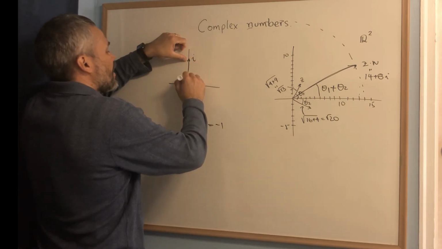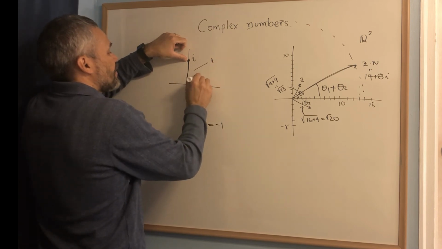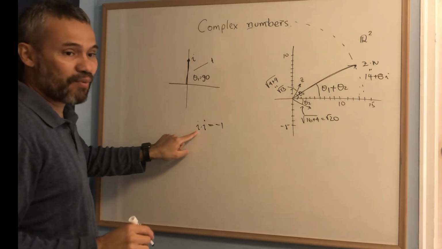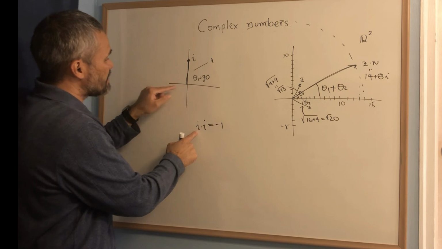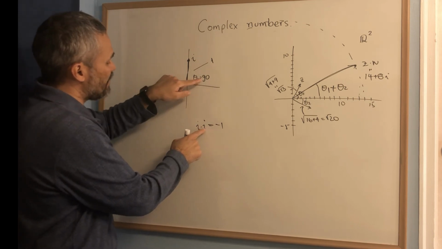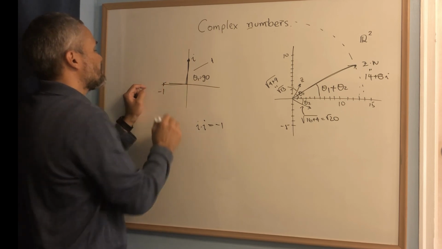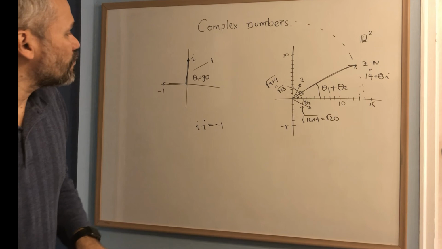What is the length of i? The length of this vector is 1. And what is the argument? Theta 1 equals 90 degrees. How do you do i times i? Length 1 and length 1 will give you something of length 1. And what is the new angle? 90 plus 90 is 180. That's the reason why i squared is equal to negative 1.